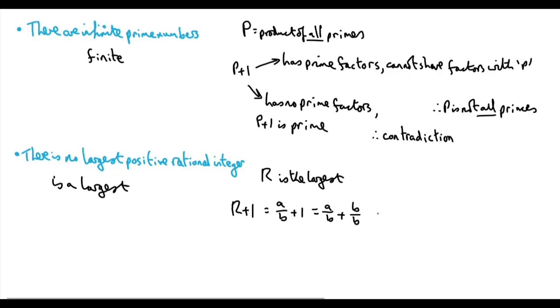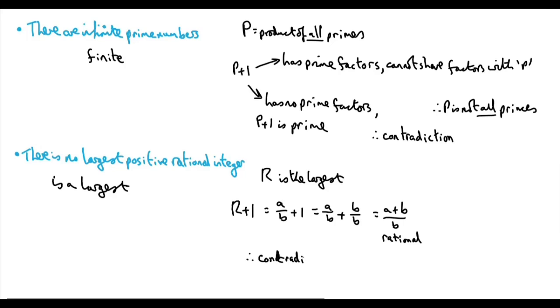And now we have the same denominator, you can combine that together as A plus B over B. Because A and B we know are integers themselves, and the numerator and denominator are co-primes because you can't cancel through by a common factor in its entirety, this itself must be rational. So the number above R is rational, therefore R is not the largest positive rational number, and thus we have our final contradiction here.